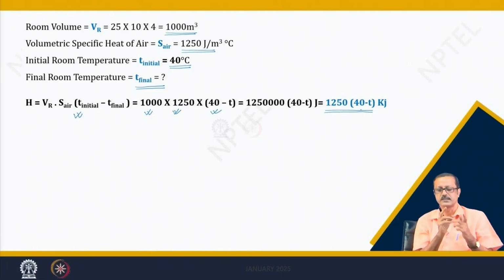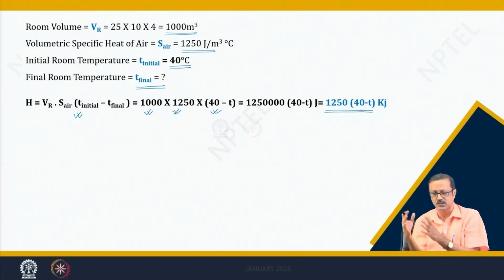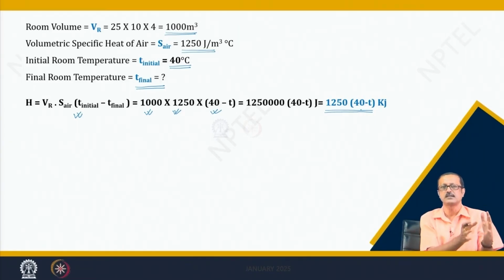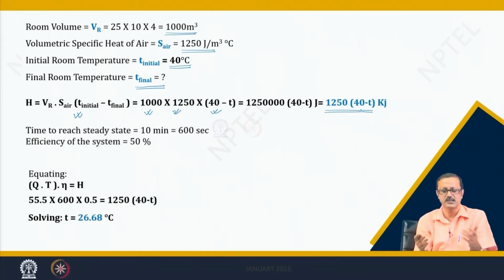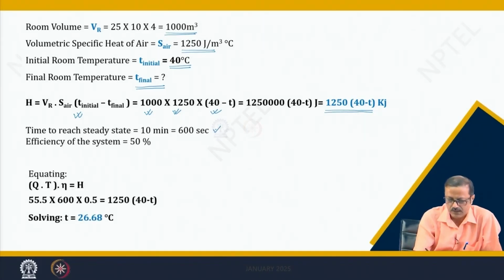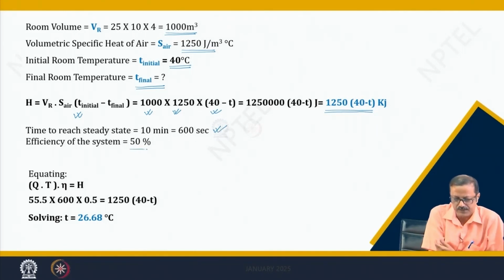If you remember, this heat H that comes out from the room will come in joule or kilojoule or megajoule, whatever may be, but the Q is in the form of watt, kilowatt or something like that. So, I have to multiply with time. That time is given as 10 minute, which is equal to 600 second, and 50% is the efficiency.